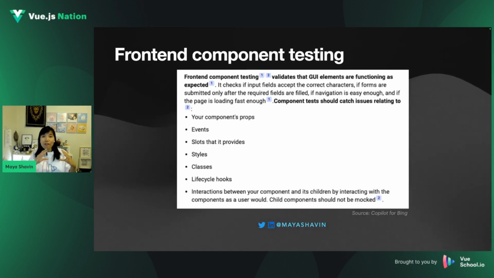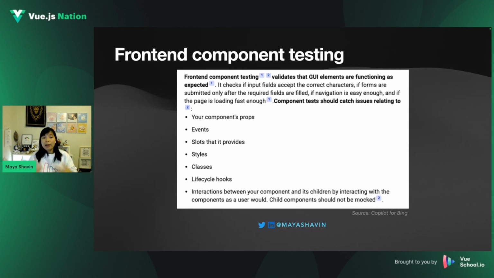So for that, we have several criteria we are going to look at. One, input and output: what are the props, whether issues can happen with props, whether the component renders according to props correctly, the events emitted from this component, slots, style, class, lifecycle hooks, and visuals, how it looks.